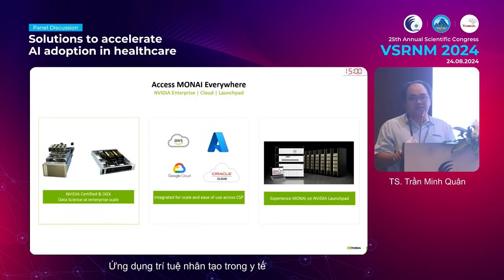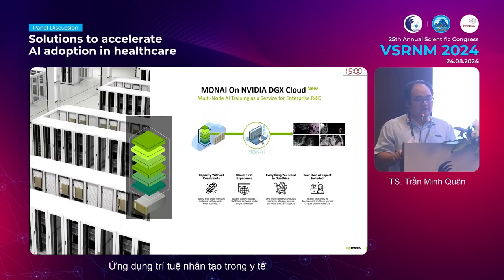As I already said, it can be installed anywhere, can run anywhere, especially on the DGX machine, or even on DGX Cloud. We provide the cloud-first experience, so that at first hand we don't need to invest a lot of money in infrastructure. We can experience high performance computing with AI services in DGX Cloud.